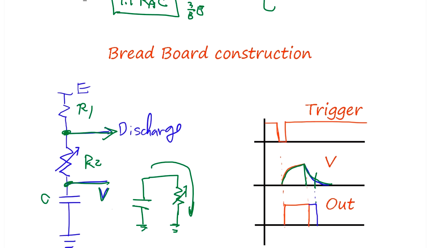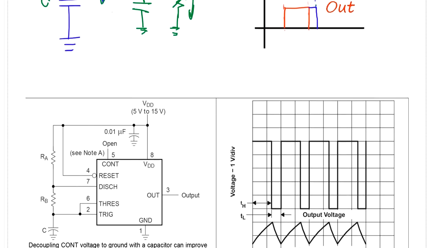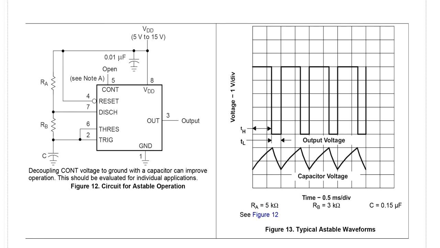Now using this, we can make astable operation. Astable operation is the trigger coming from the output.